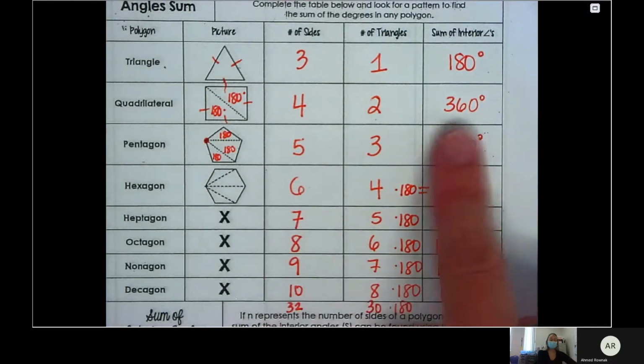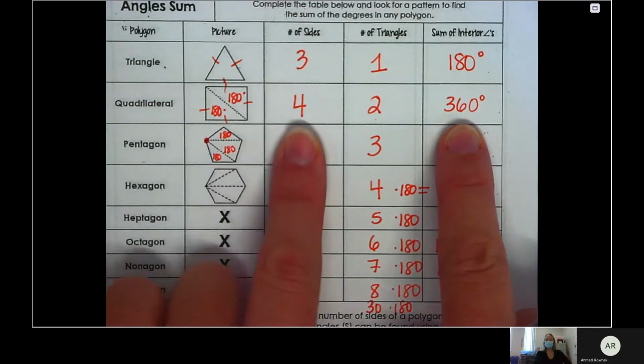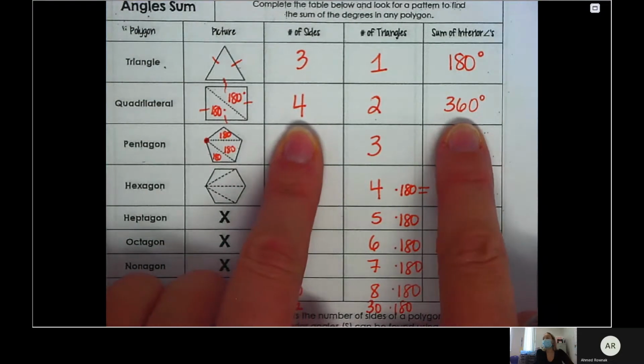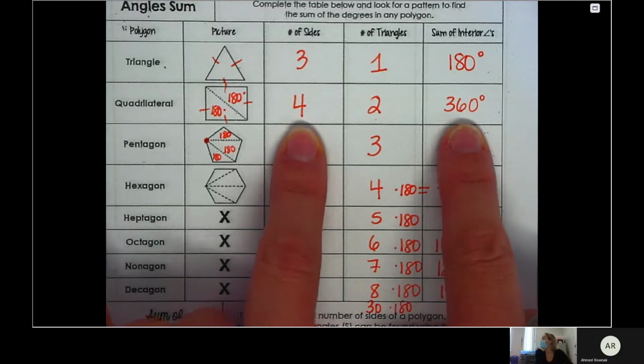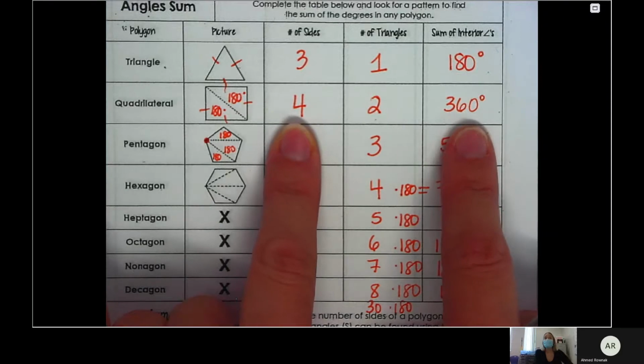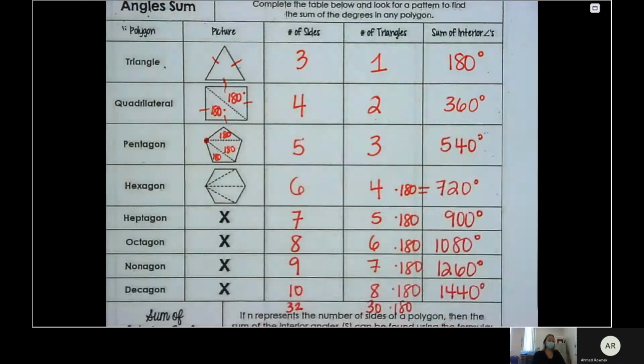So if I know my total is 360, and I know that there are 4 sides total, or 4 angles in total, how would I figure out what each angle equals? What would I do with those two numbers, Faith? By 4, yeah, I'm going to divide 360, the sum of my interior angles, by the number of sides. That's going to give me each angle individually.